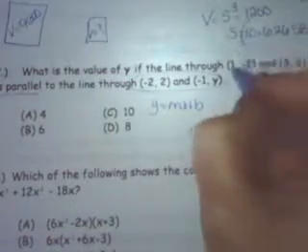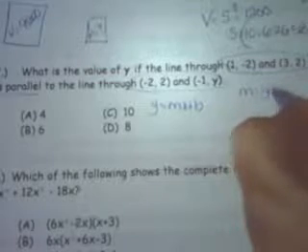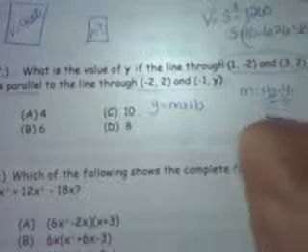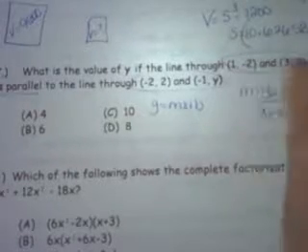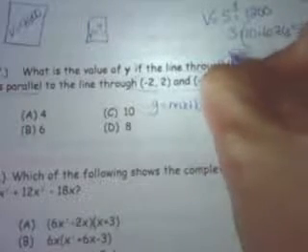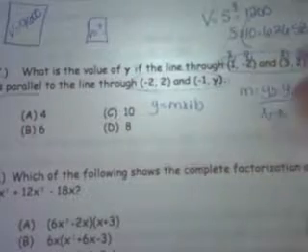To find the slope, I'll just find the slope of this first line by using the slope formula. Where does the y2, y1, all that come from? That comes from your 2 points. Remember me telling you to label your points: point 1, point 2, and then plug in.